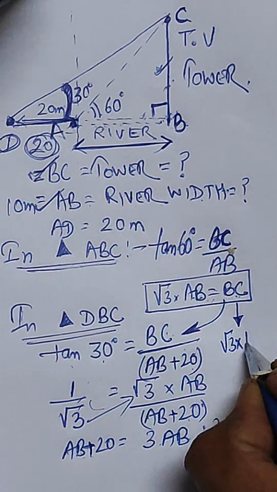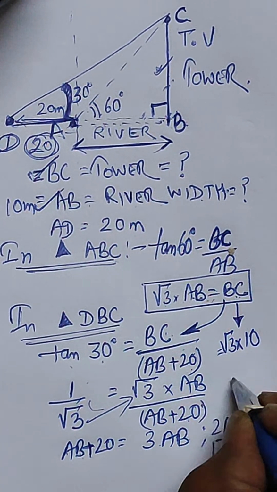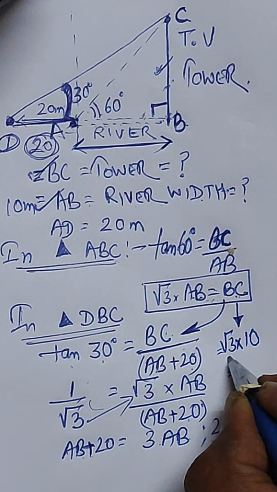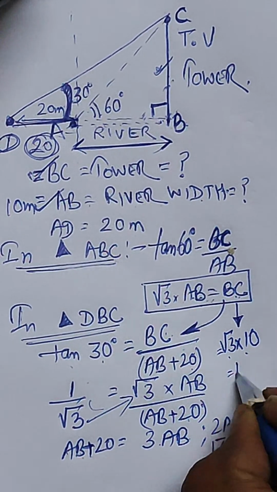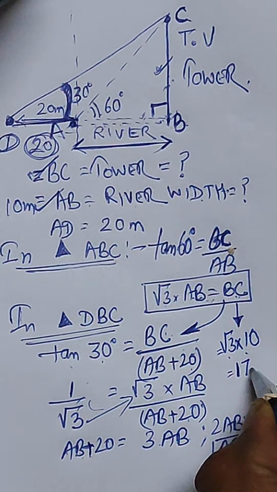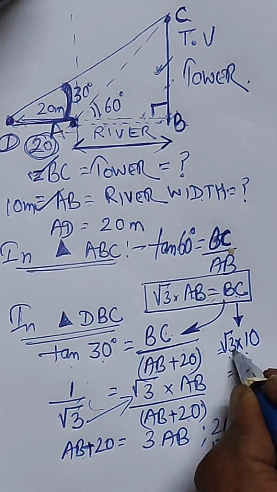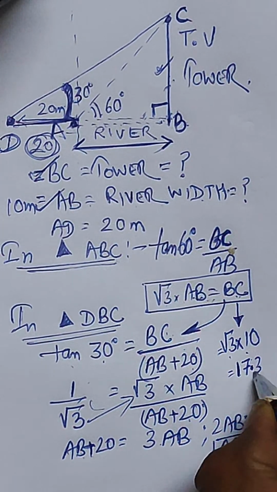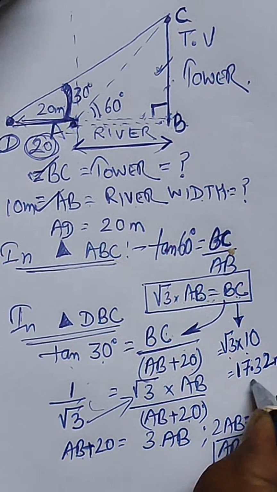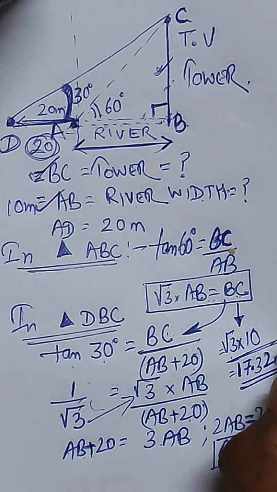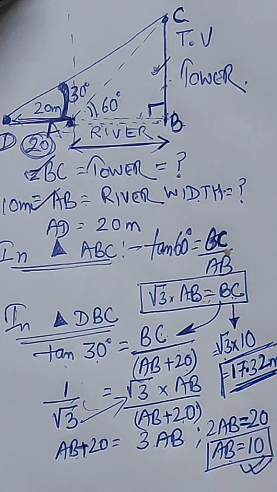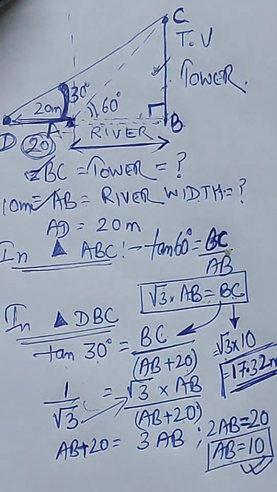So root 3 times 10, where root 3 is 1.732, this will be giving you 17.32. So 17.32 meter is the height of the TV tower.